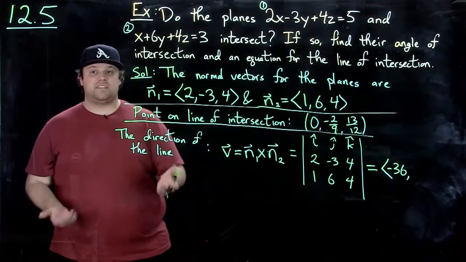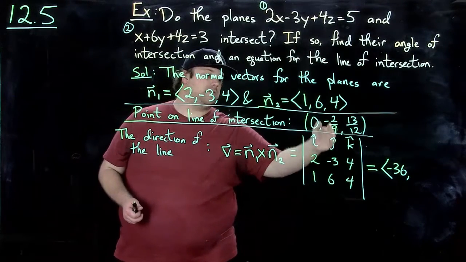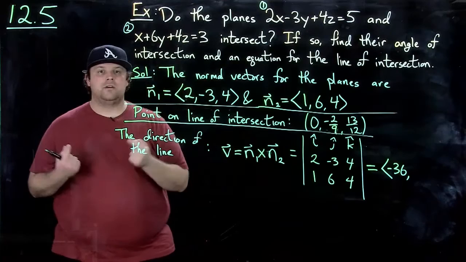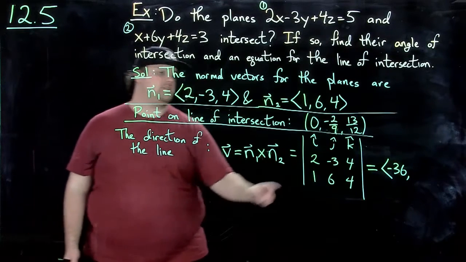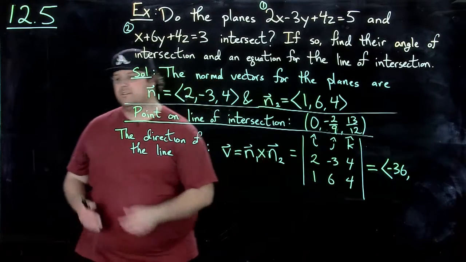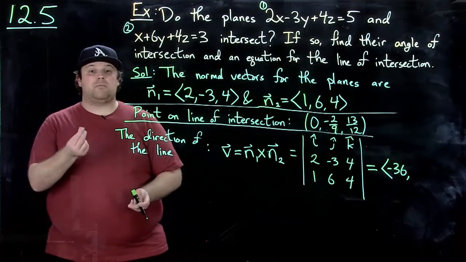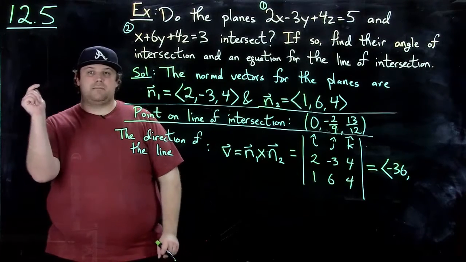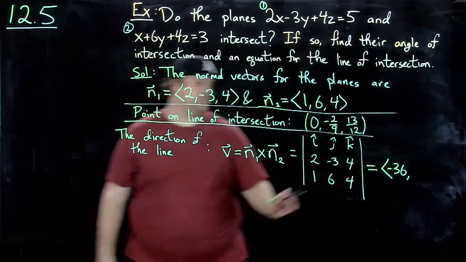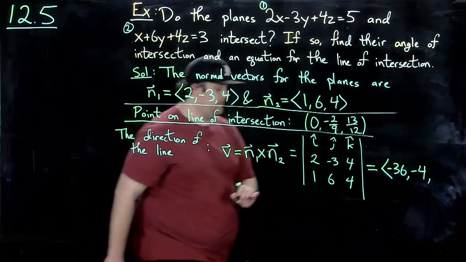Now for the second component, we suppress the first row and the second column. We're going to do our little 2 by 2 determinant. 2 times 4 is 8, minus 4 times 1 is 4. So 8 minus 4 is 4. But remember, in the j component, we get an extra minus sign. So this doesn't end up being 4, but minus 4.